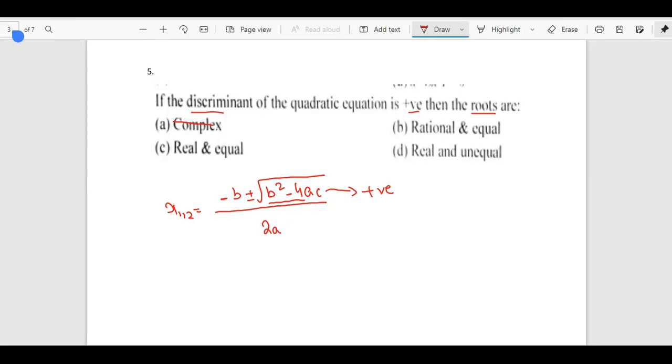And then obviously if this is positive, if this is not 0, we are going to have two answers, one with a plus sign and one with a minus sign. So the answers would not be equal, okay? In one of the roots we will be adding this third, and in the other root we will be subtracting it, okay? So clearly it would not be equal. So the roots are not complex, the roots are real, and they are unequal, so D is the choice.